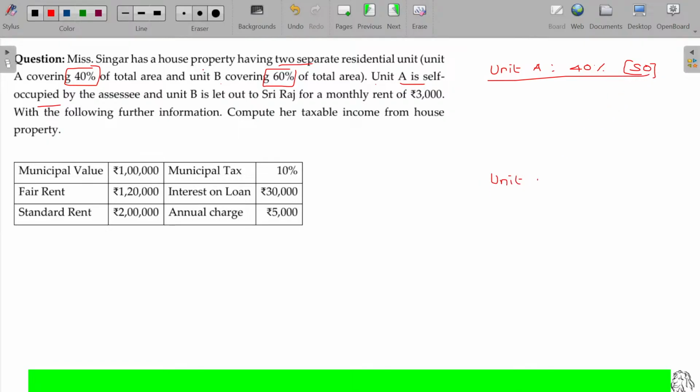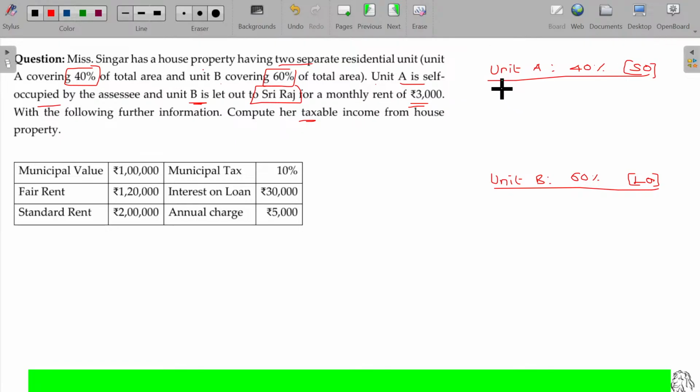Unit B, which is covering 60% of area, is let out to Sri Raj for a monthly rent of 3,000 rupees. With the following further information, compute her taxable income from the house property.